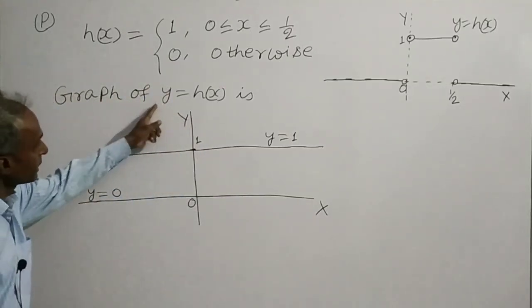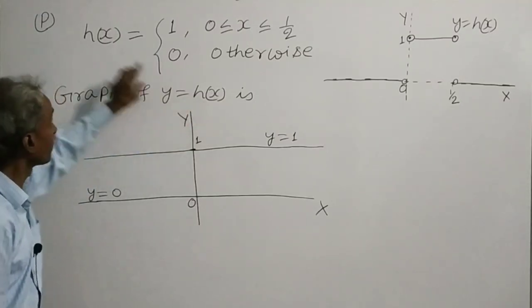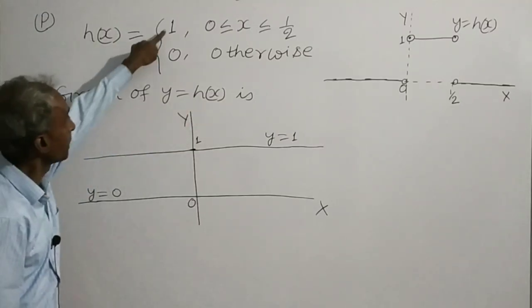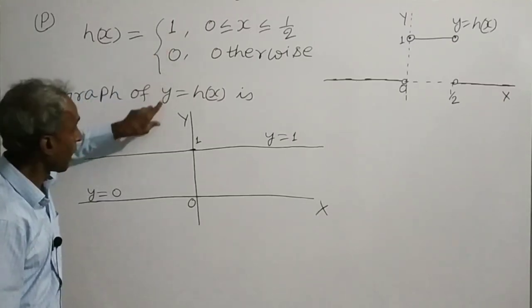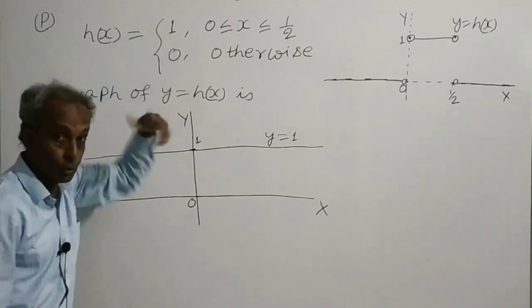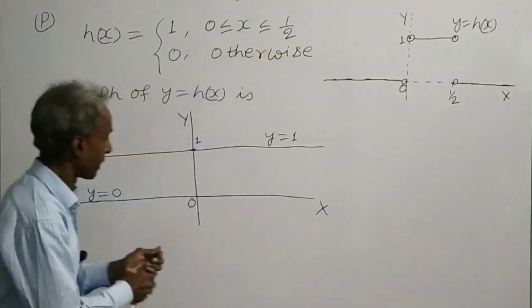But y is equal to Hx, in the graph of y is equal to Hx, Hx will be equal to 1. That means y is equal to 1 when x lies in this interval.